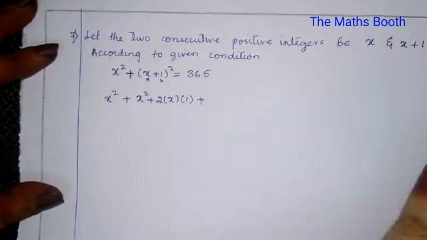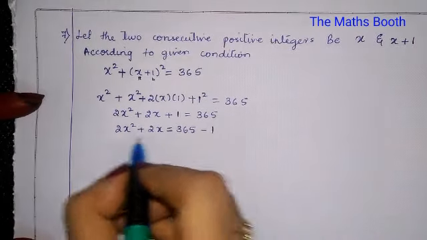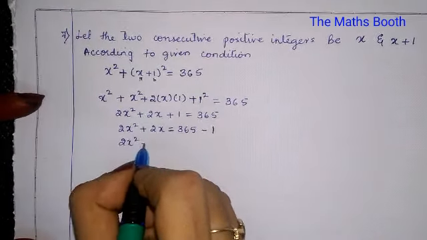So x square plus x square is 2x square, plus 2x, plus 1 is equal to 365. 2x square plus 2x is equal to 365 minus 1, that is 364.